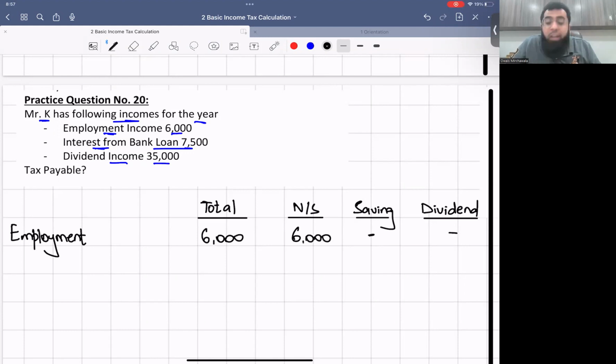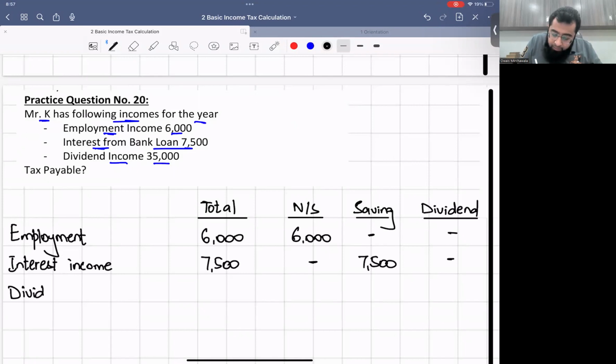Please listen to me carefully. Then we have interest income, interest from bank loan, 7,500. It goes in the column of saving. And then we have dividend income, that is 35,000.